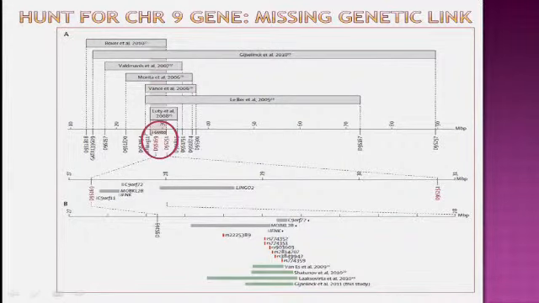So the hunt for the chromosome 9 gene went on, as you saw, for 10 years. And this slide, while complicated, shows a region of chromosome 9 here, and each of these bars represents a different group's study or family study that was trying to pinpoint and narrow the region where this gene mutation was.